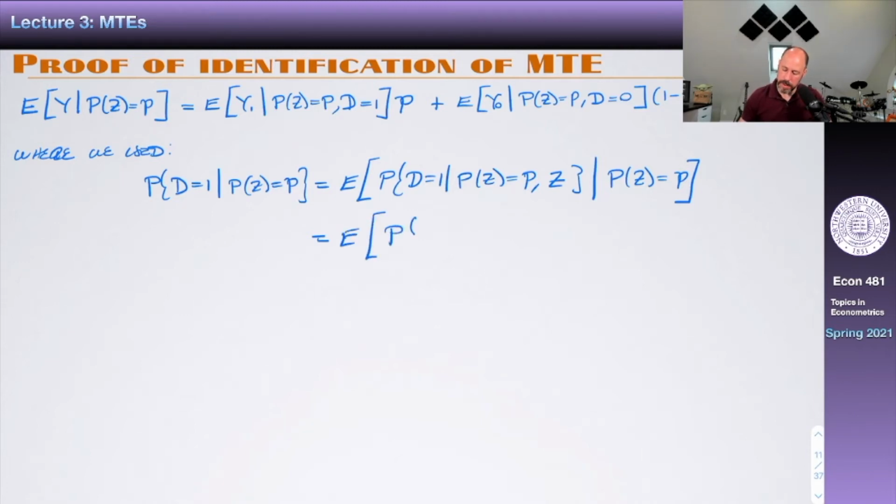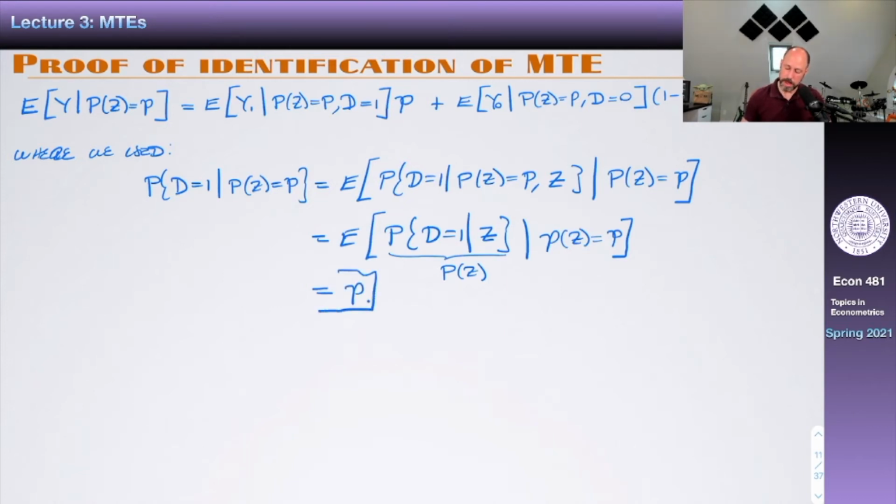The inside probability here is just the probability that D equals 1 conditional on Z. And this over here, of course, is just the propensity score. And the expected value of the propensity score conditional on the propensity score being equal to p is p. So this is what we use over here and there.